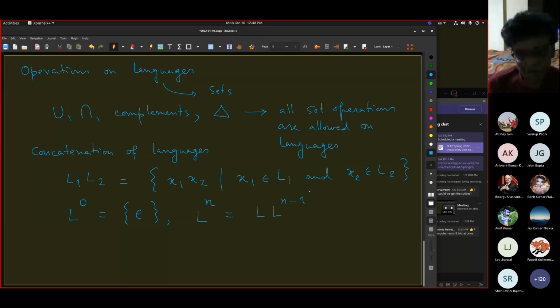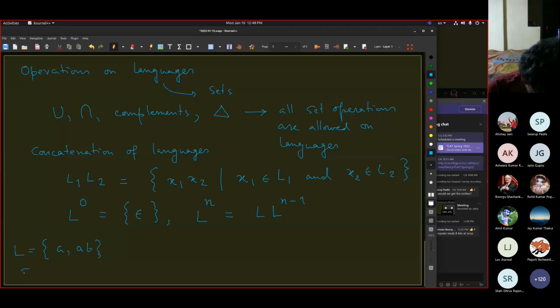So let's take an example. Let's take L to be {A, AB}. So the alphabet is, let's say, A comma B. What is L power 0? It is always by definition epsilon.